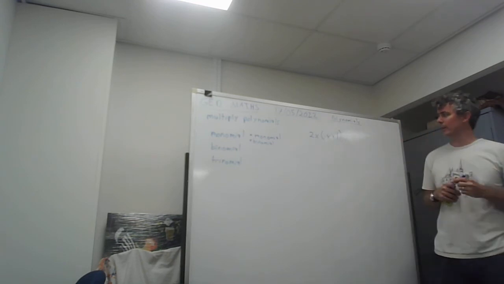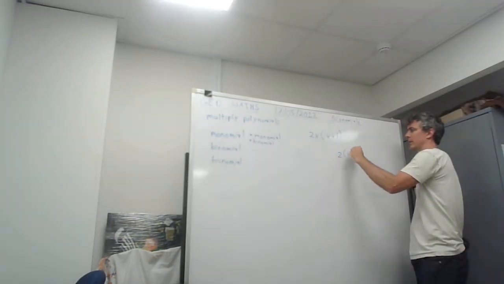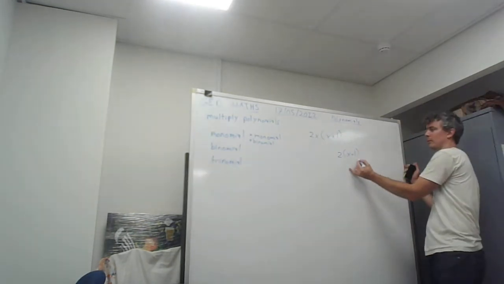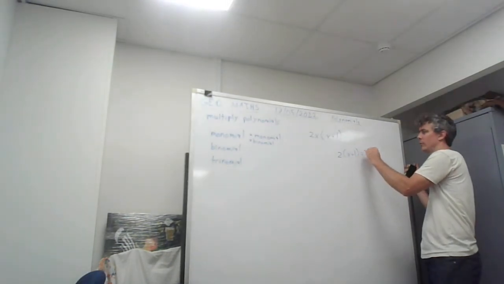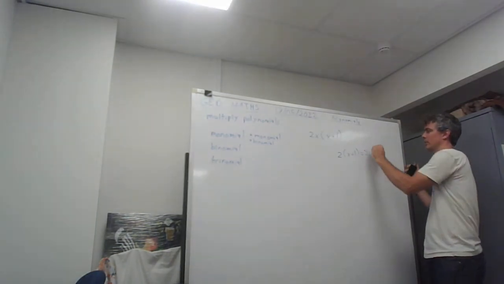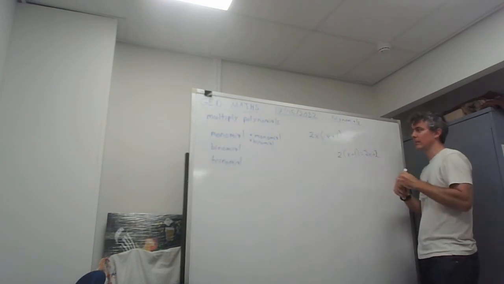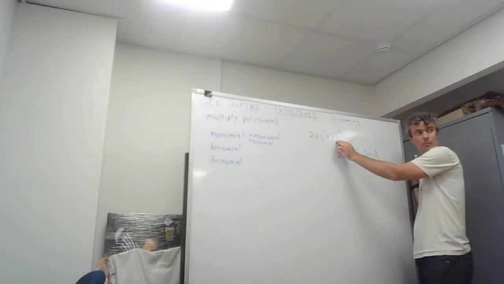And what you do is the same as if you had 2 times x plus 1, right? The distributive property. So 2 times x plus 1, I basically multiply this times each one. So this equals 2x plus 2. Exactly. So now it's the same here, but each time I basically do a monomial times a monomial for each term.